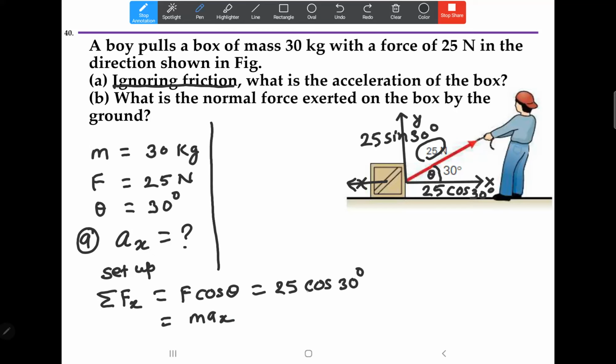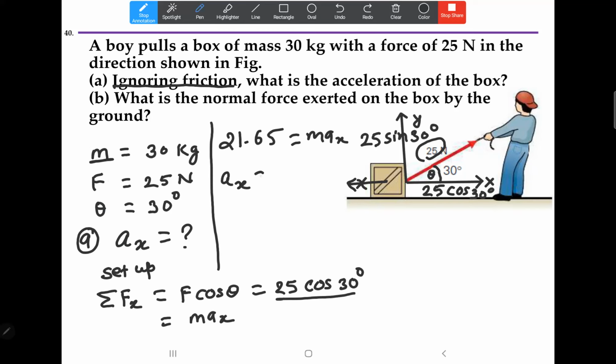We have to do some mathematics. If I put this into the calculator, cos of 30 multiplied by 25, I get 21.65, which is equal to m a_x. Mass is given, so I can insert the value of m and get the acceleration.